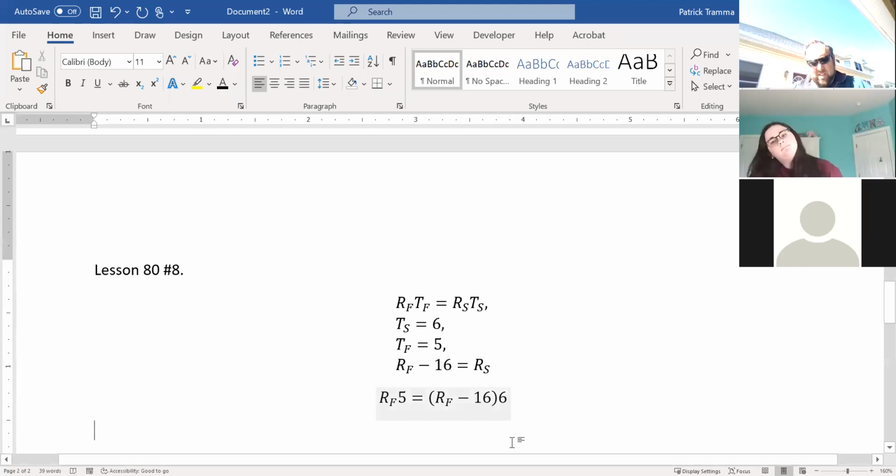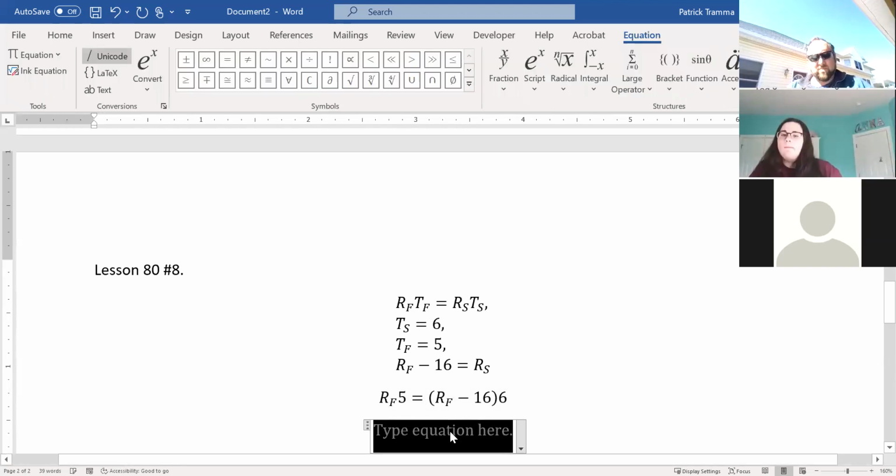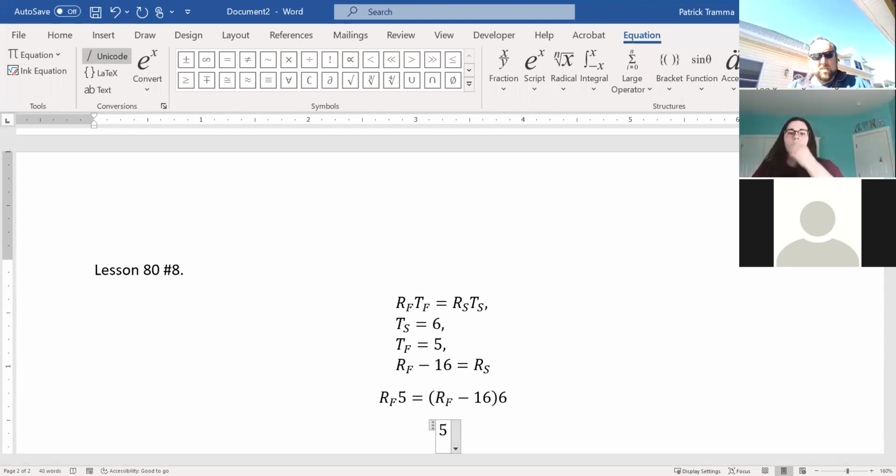So we have here, let's write the next line. 5 R sub F equals 6 R sub F minus, what's 16 times 6? 96. Right? Then bring the 96 to the other side and bring the 5 to the other side.